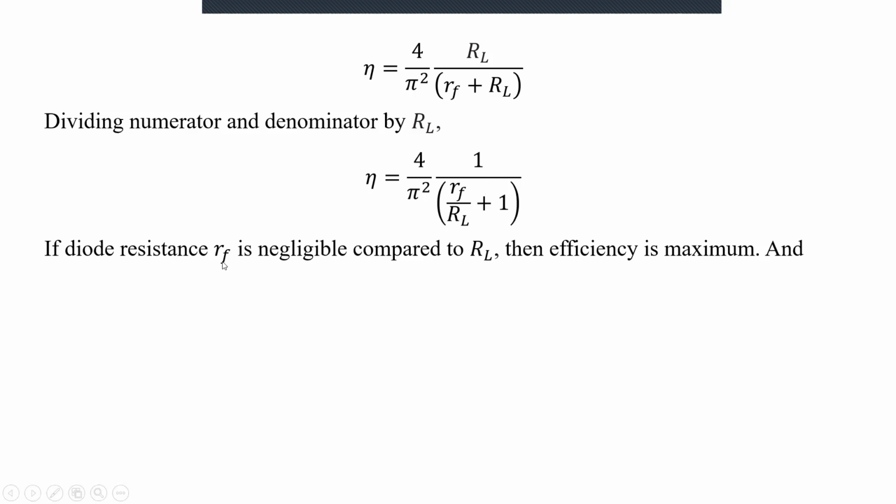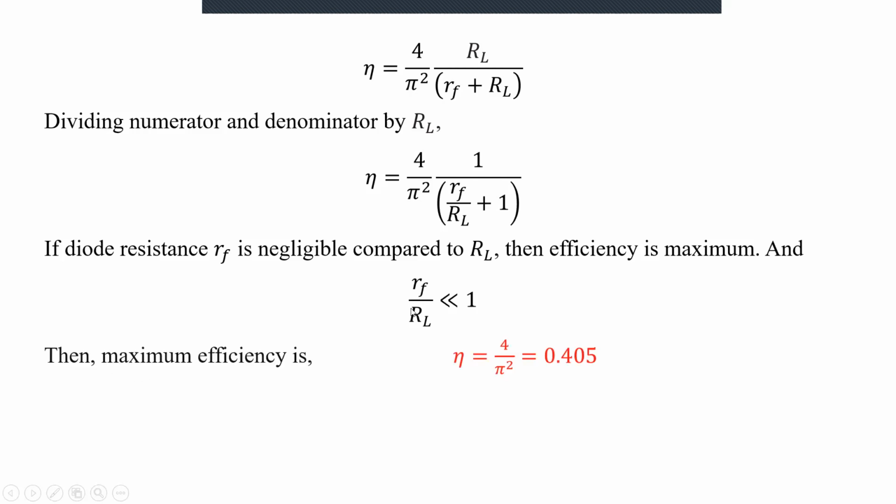Usually the diode resistance Rf is very small compared to the load resistance RL. If Rf is negligible compared to RL, then the efficiency will be maximum. That means if the diode resistance is neglected, you can get the maximum efficiency. If Rf is very small, then the ratio Rf by RL will be very much less than 1.